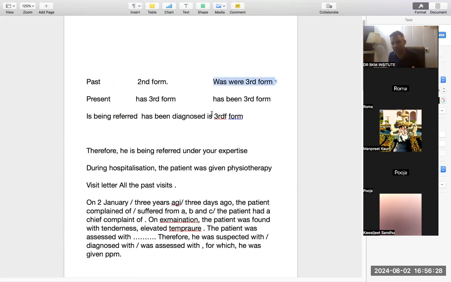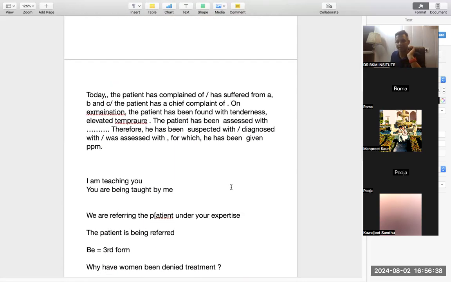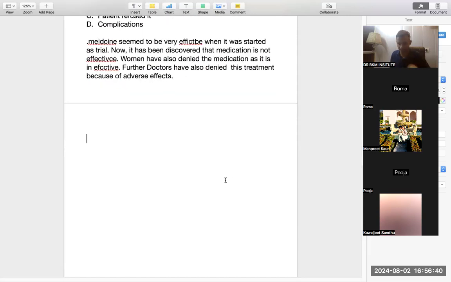Was, were third form, is, am third form, has been third form, is being third form. Third form is common in passive voice. So whenever we write to the nurse, we say the patient is being referred to you and you are requested to provide the follow-up services.